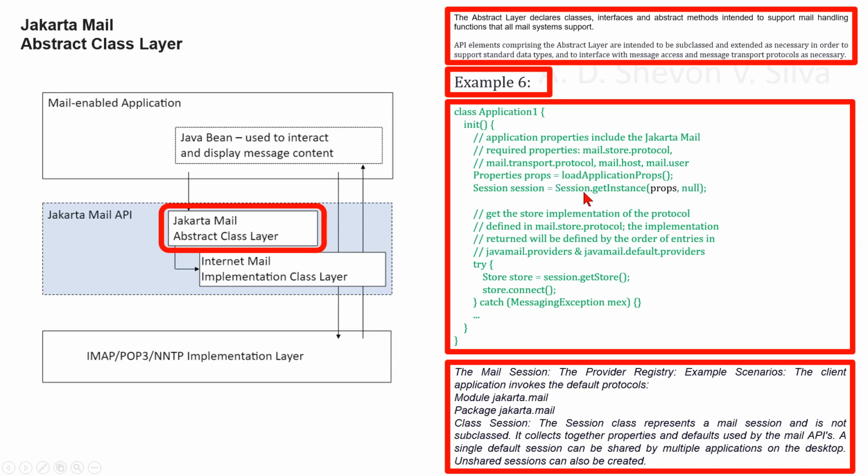The application properties include Jakarta Mail required properties: mail.store.protocol, mail.transport.protocol, mail.host, mail.user.